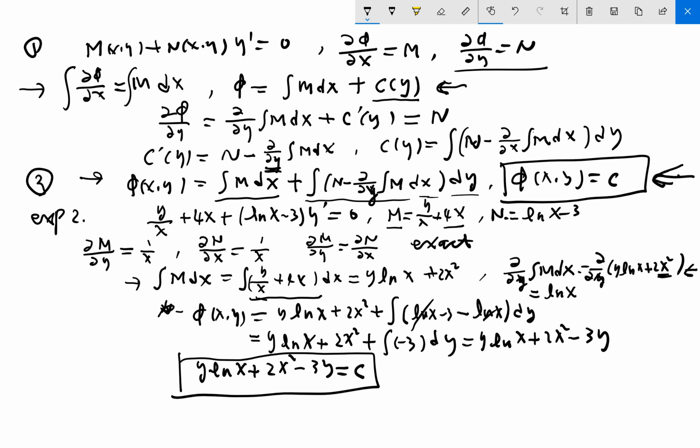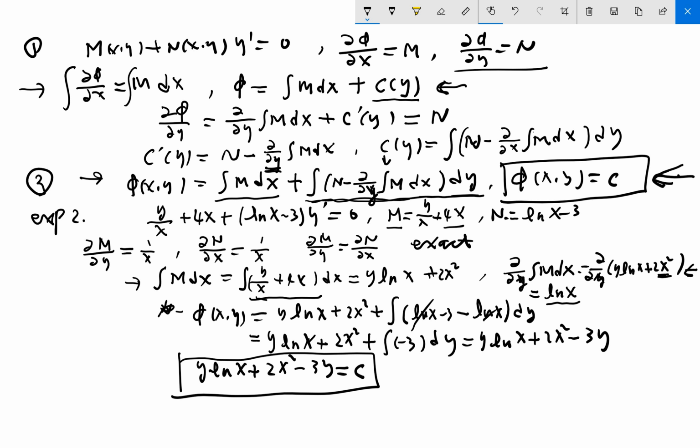Here, you treat y as a constant. So we got this one. Then you need to integrate the second one, and you need to find this term. So we find the partial of this function with respect to y, which we found is ln x.